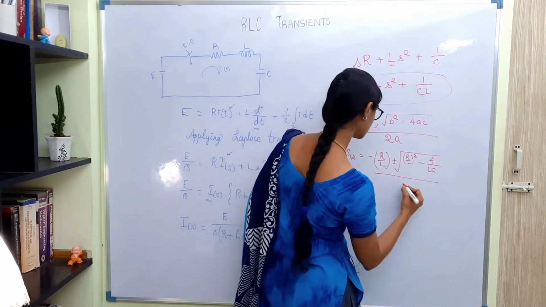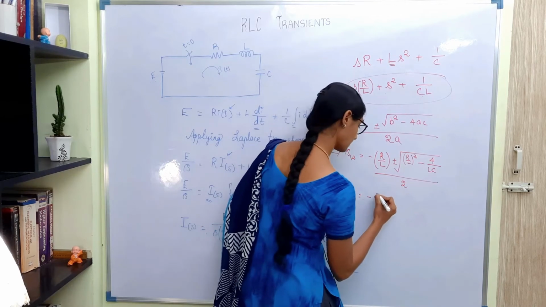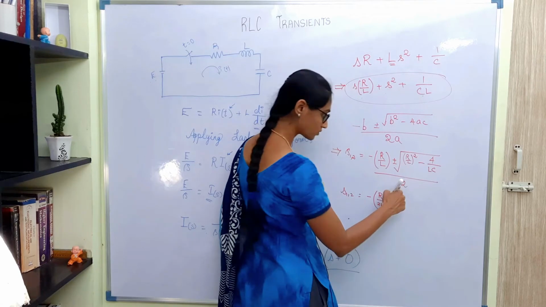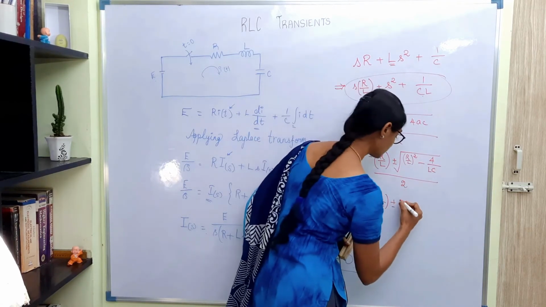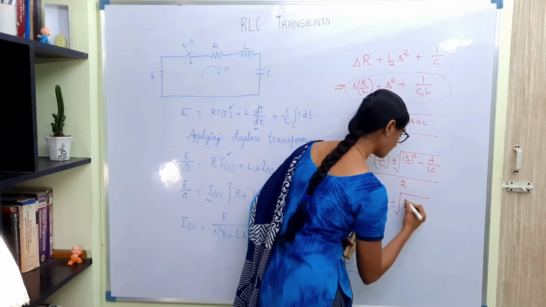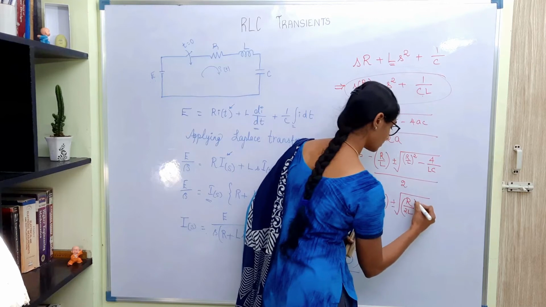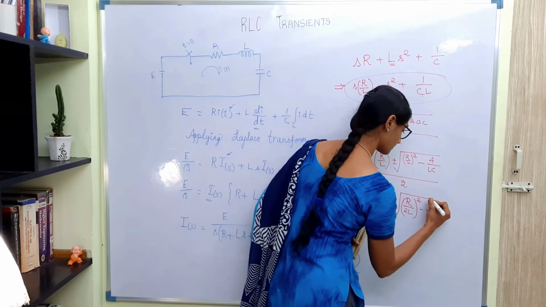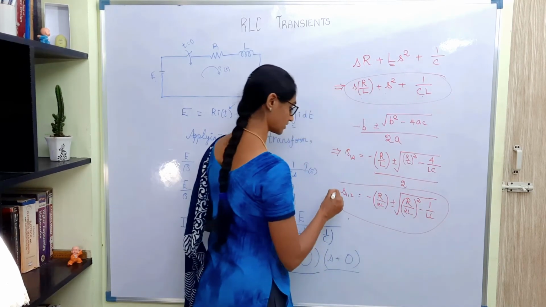So the roots are minus r by 2l, plus or minus square root of r by 2l whole square minus 1 by LC, if I take this 2 into the root term, you will be getting it as 4.